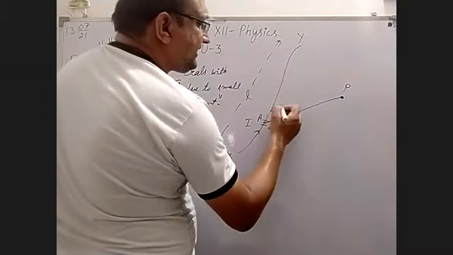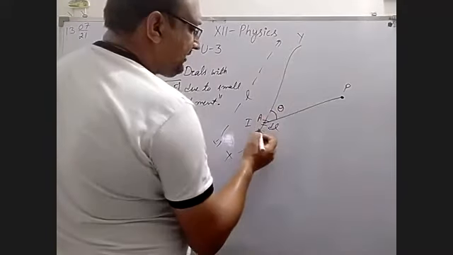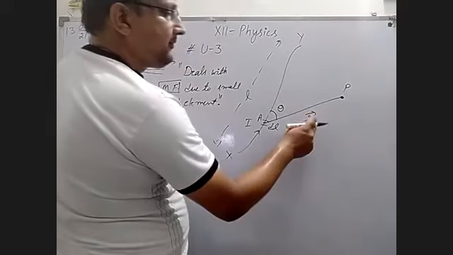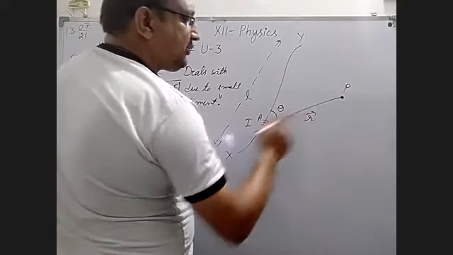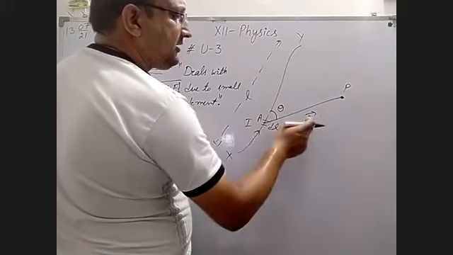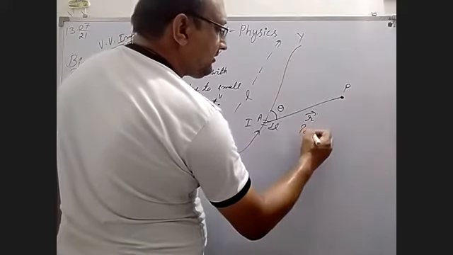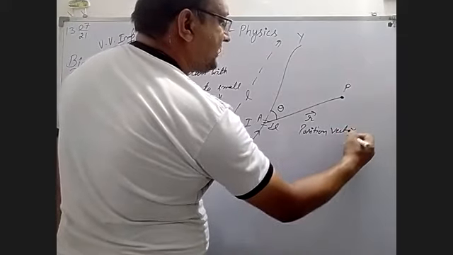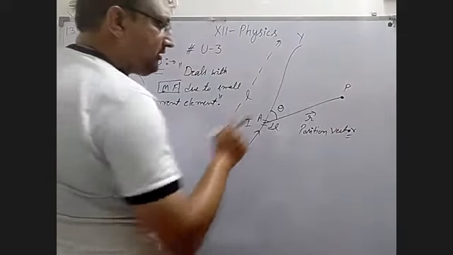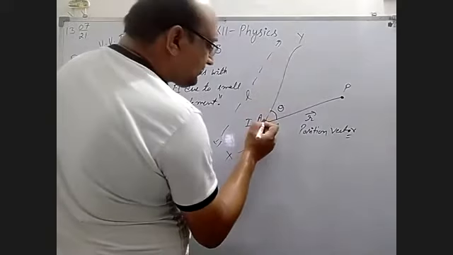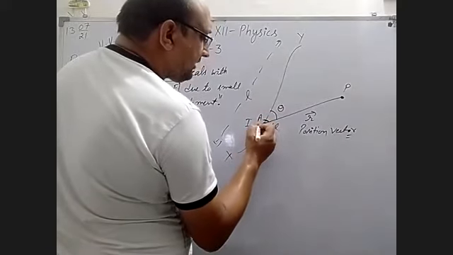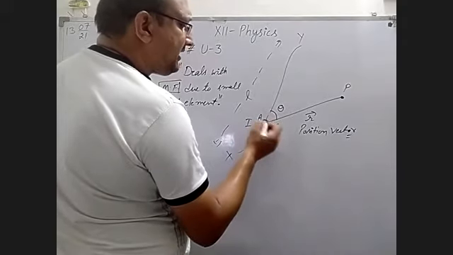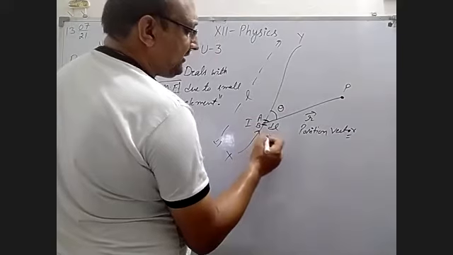This is the angle theta between this current element and this position vector. The distance of point P from there is called r, the position vector. Very important role of r is there in our formula. This small part AB is equal to dL, and this small part is the current element.